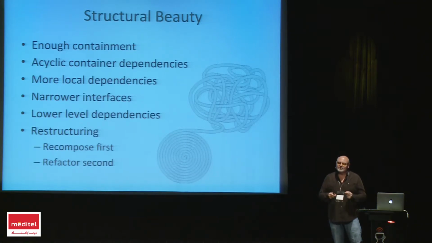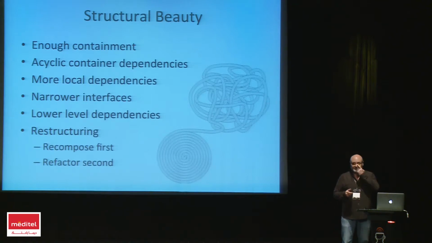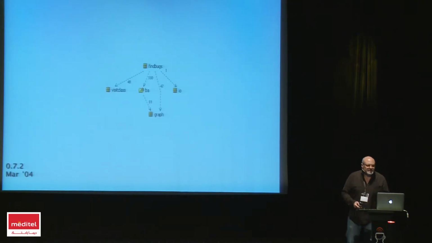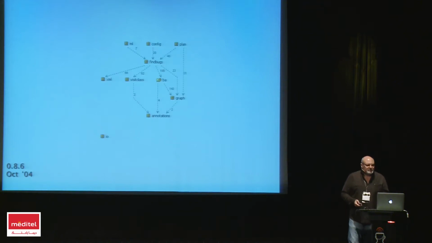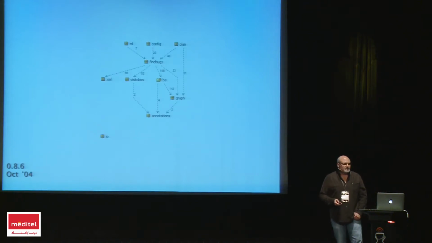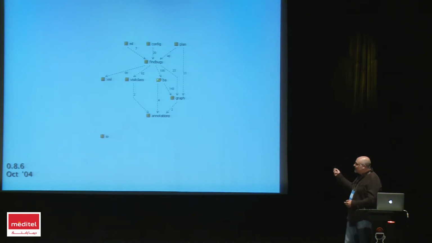And actually you could do this with pretty much any project where nobody is monitoring the package dependencies. So this is how it started way back in March '04. Next release, you can see that it's grown considerably. But again, in terms of describing that, there are no cycles in it. It's quite easy to guesstimate, knowing nothing about the code.